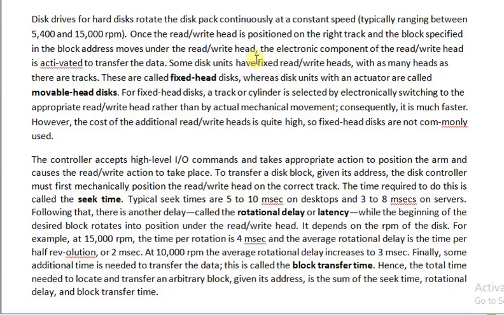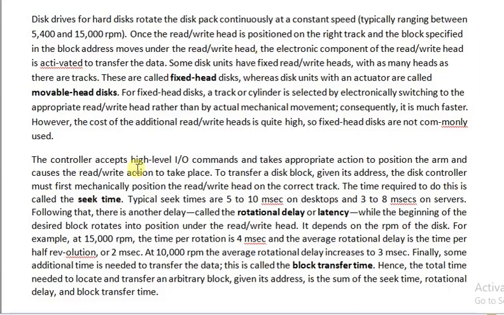So the cost of the fixed read-write head is much higher, and for that reason it is not commonly preferred in most cases.